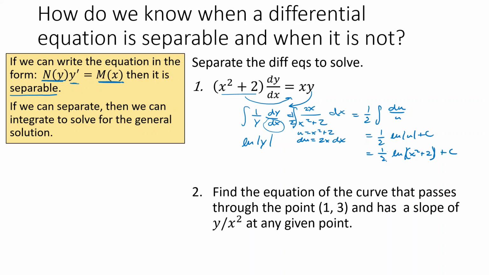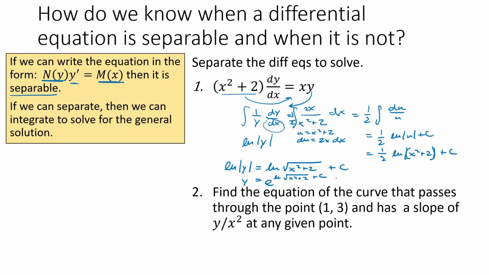We could bring in the 1/2 as an exponent, and we get the ln of the absolute value of y equals the ln of the square root of x squared plus 2 plus c. And now we can raise both sides to the e, and we get y equals, here that cancel out, but we really just want to say e to this whole thing first.